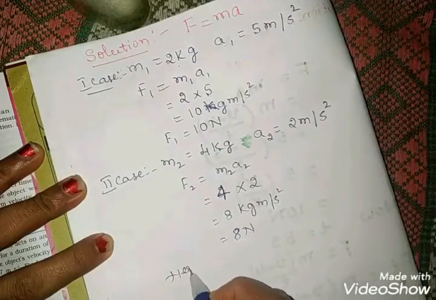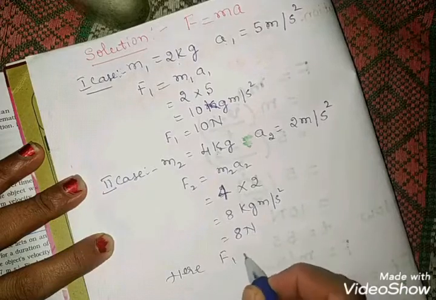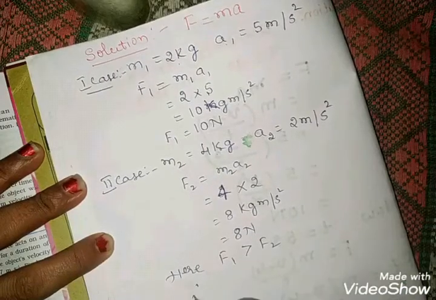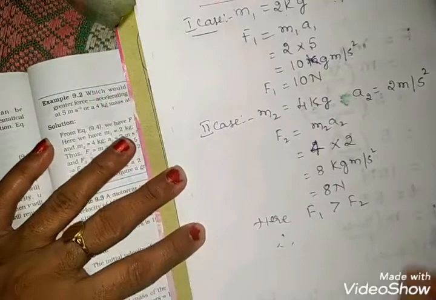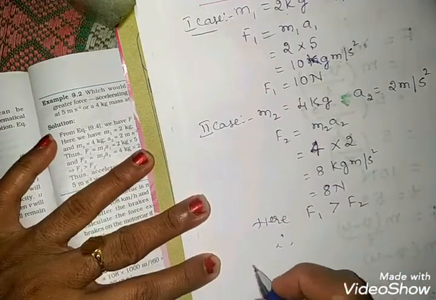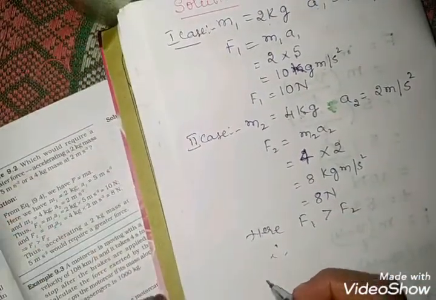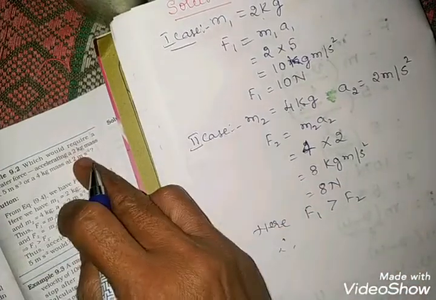Here we can observe that F1 is greater than F2. Therefore, what happened? F1 is greater than F2. Therefore, accelerating a 2 kg mass, which one? F1, the first one.